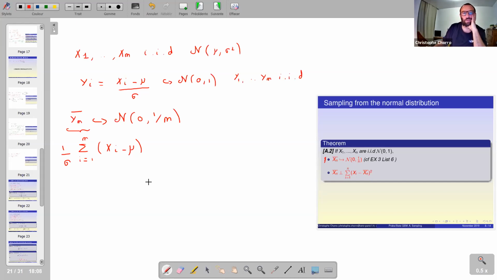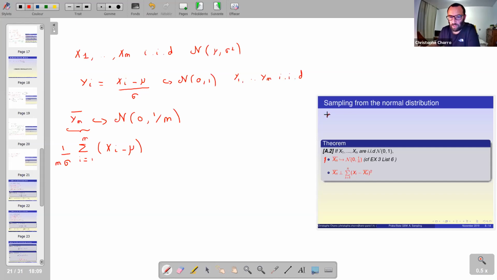Okay, so I apply my result, and I have forgotten here the 1 over n. I deduce from what I have proved in the case of N(0,1), by this transform, two things that may apply to N(mu, sigma squared).